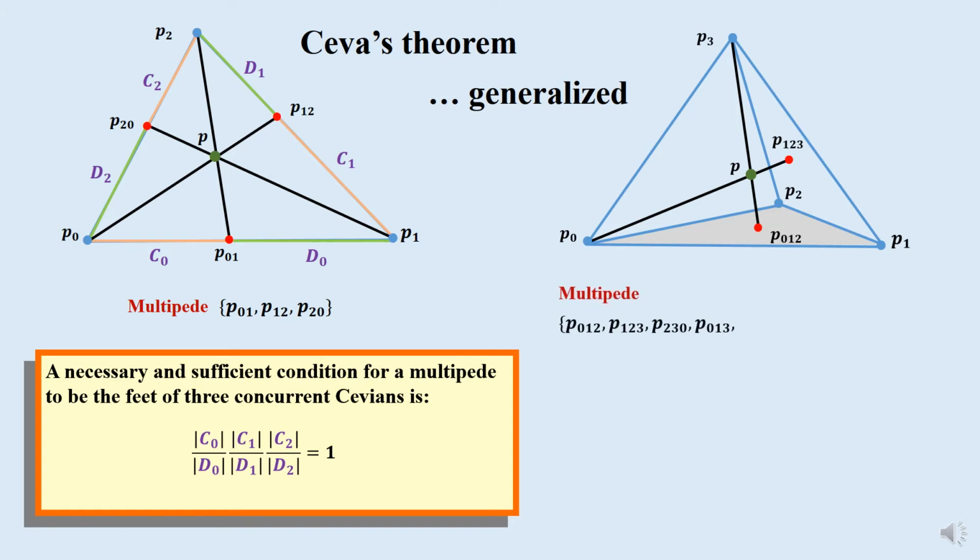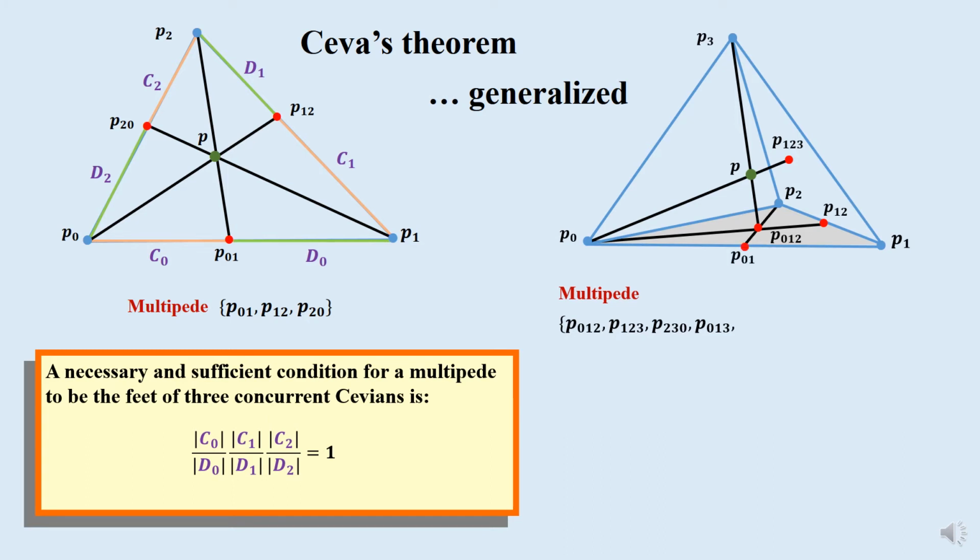A multipede in this case will be these 4 feet of the concurrent Cevians on each one of the two-dimensional faces of the tetrahedron. Only that now we can do something else. We can use the point P012 to create new Cevians on the face of the simplex. Starting at P0, we have a Cevian that ends at P12.